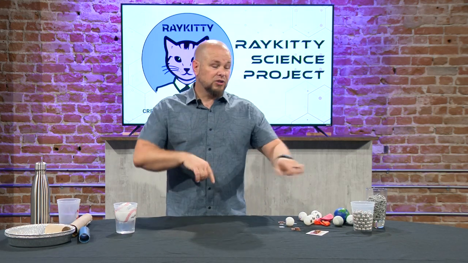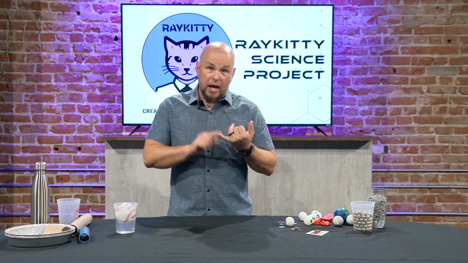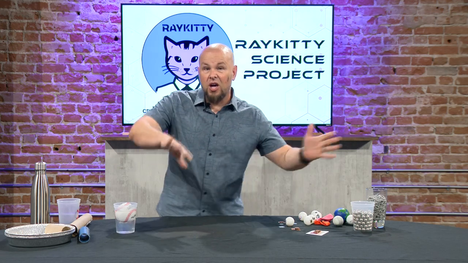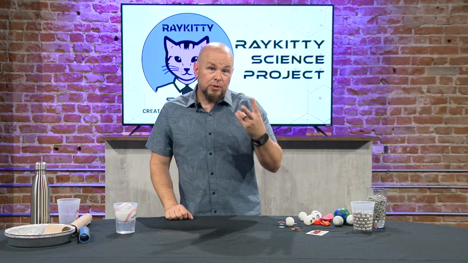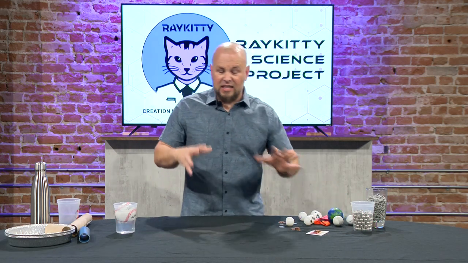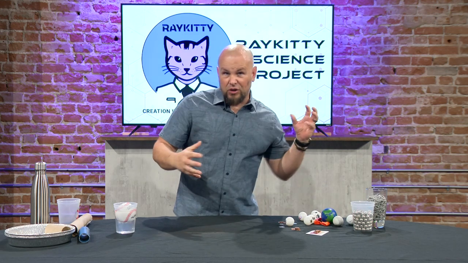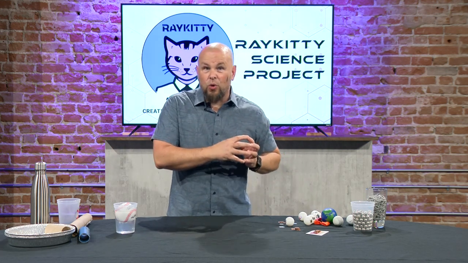So let's go over it. We had rule number 1: an object in motion tends to stay in motion, and an object at rest tends to stay at rest unless something applies a force to it. Rule number 2 is about mass, the weight of something, and the velocity will show you how something is going to react.